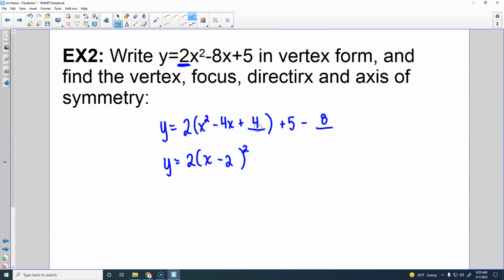Right here we would just have a 4, and then the 2 times the 4 would give us the 8 right here. So we would be adding 4 here, which is really like adding 8 because that 2 would distribute there. So we would subtract 8 over here. And so I could put 5 and minus 8 together, and that's going to be minus 3.